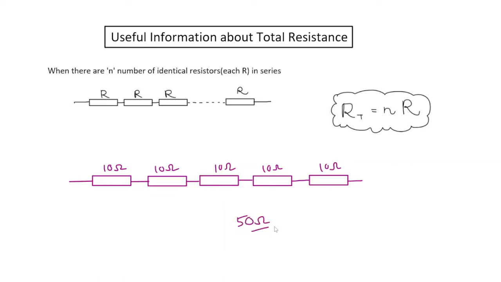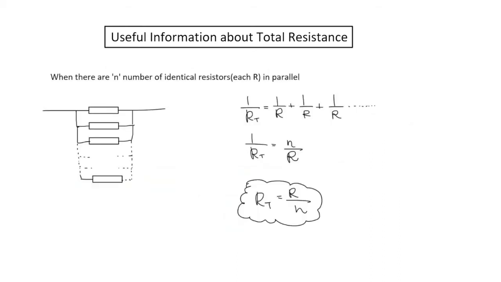Now, I know this is a really simple one, but let's discuss a few other features of resistance. When you have n identical resistors of each value R connected in parallel, the total resistance is the value of one resistor divided by n.